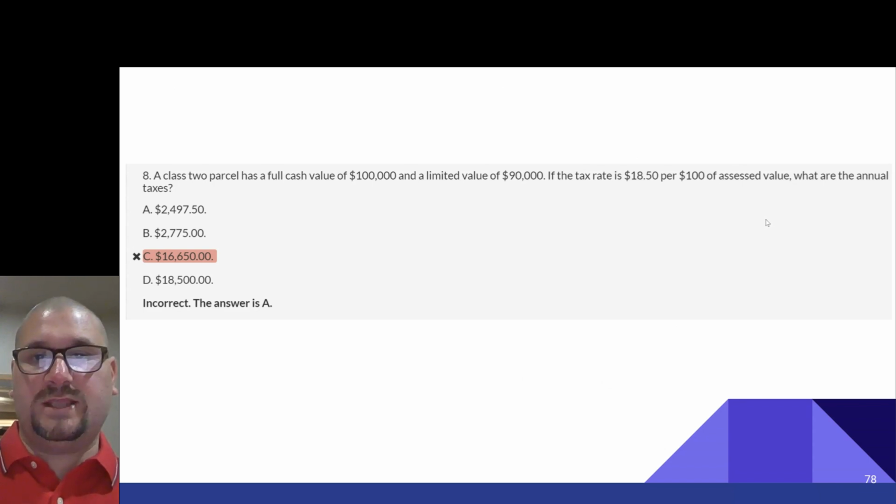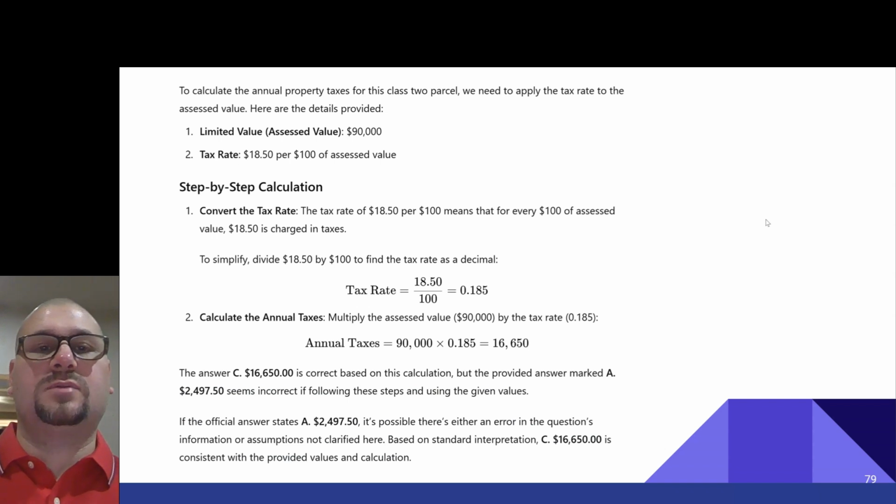If the tax rate is $18.50 per $100 of assessed value, what are the annual taxes? Alpha, 2497.5.